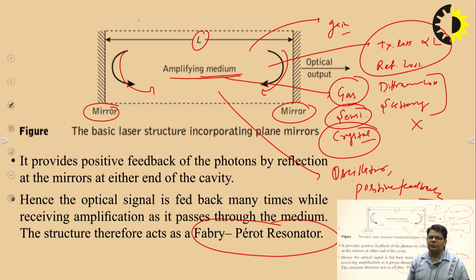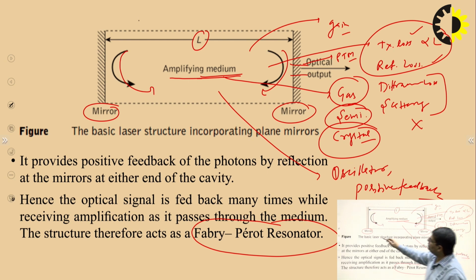So the main purpose of gain inside the cavity, firstly, will be to balance out these two types of losses, transmission loss and reflection loss. And whenever the gain inside the cavity is more than these two losses, the light will come out of the cavity through one of the partially transparent mirrors.